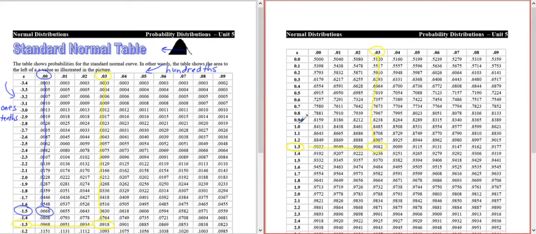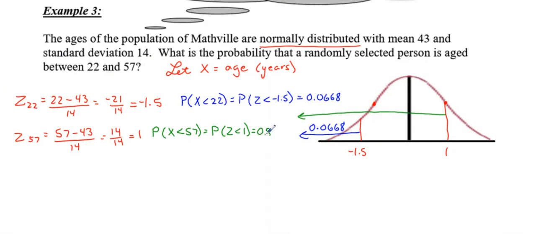And if your z-score is 1, the ones digit is 1, the tenths digit is 0, and the hundredths digit is 0. So that is 0.8413.